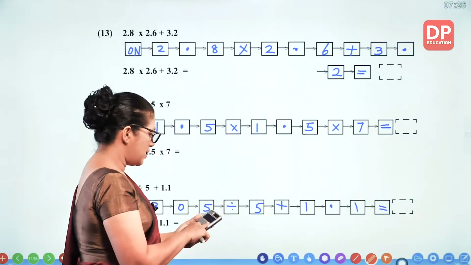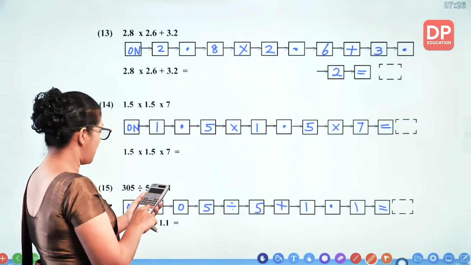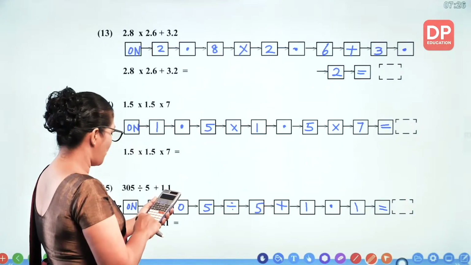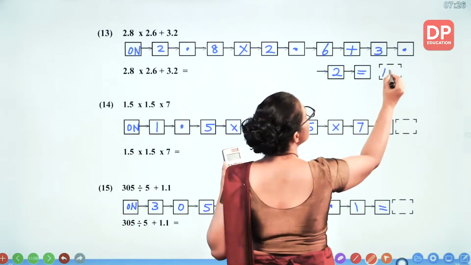Now we'll do the calculations. 2.8 multiplied by 2.6 plus 3.2. The answer is 10.48.